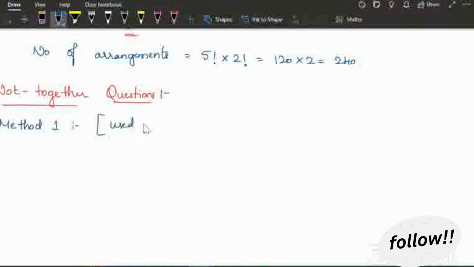Used only when not together objects, meaning the number of objects which are not supposed to be together, is equal to 2. Okay, if we have two objects which are not supposed to be together, only then this method 1 will work.